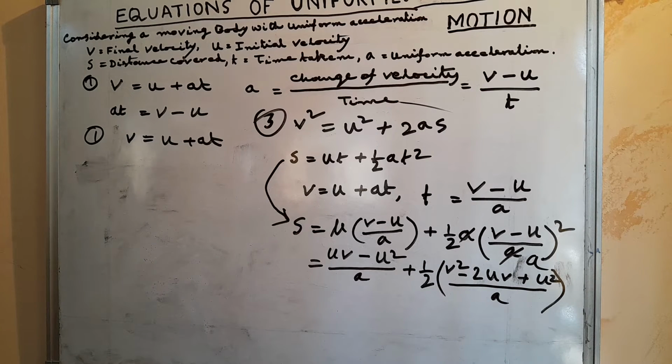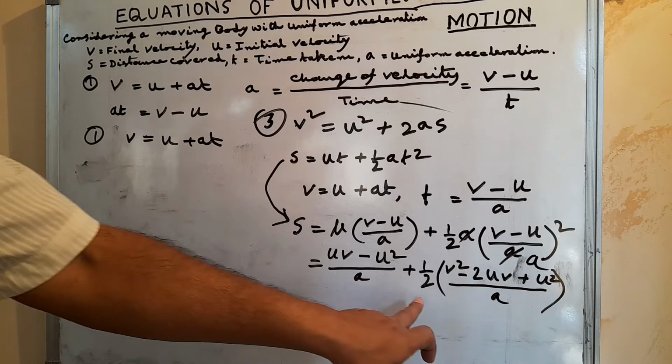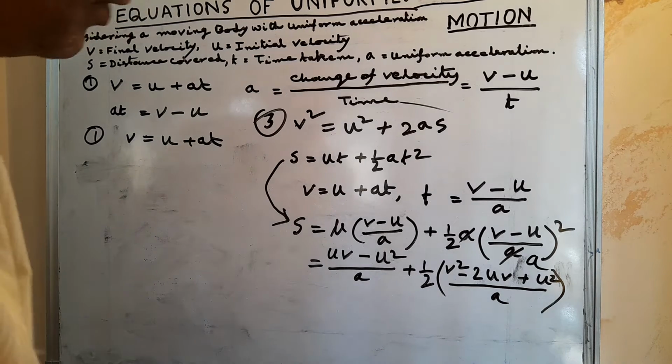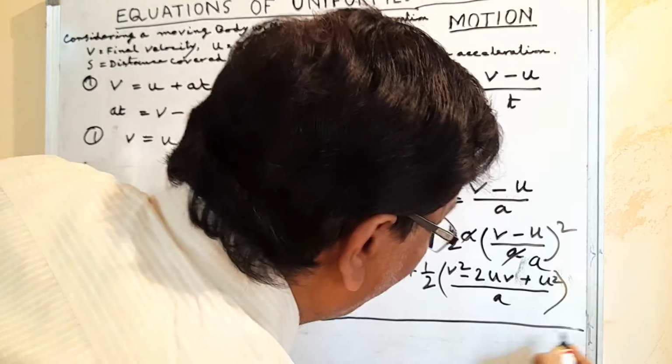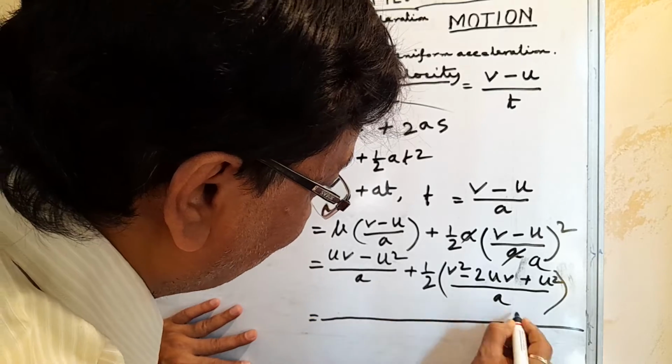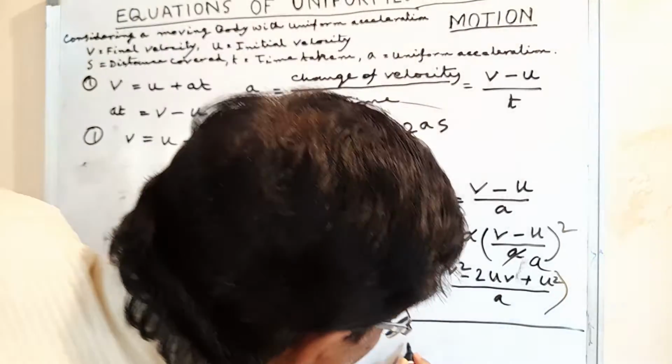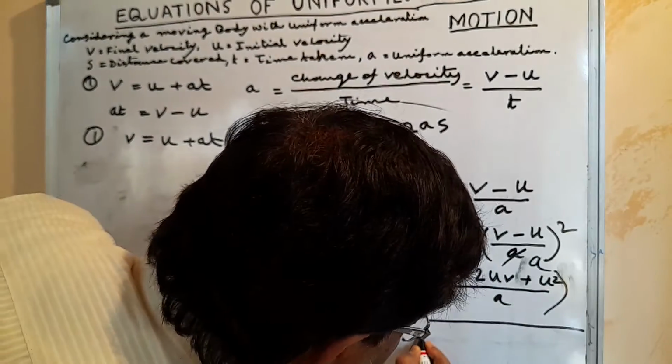Now we'll try to derive the third equation from here. Again we take the LCM of a and twice a. Here is a and this is twice a.